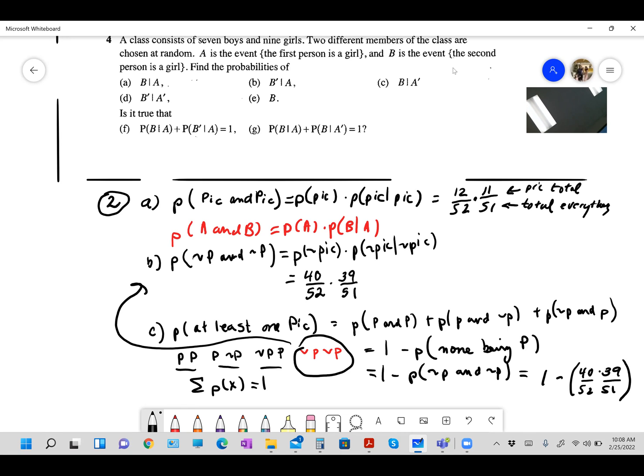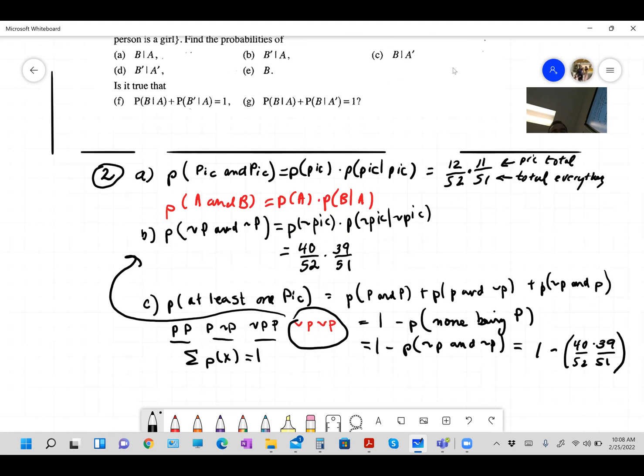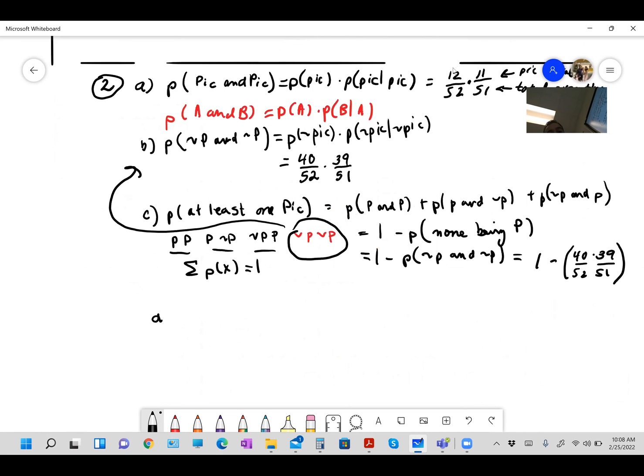Does that make sense? Now the next problem is at least one red. It's super easy. The probability of at least one red card is equal to 1 minus the probability of none red.